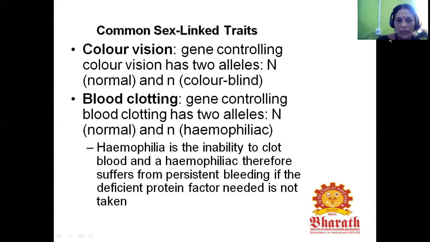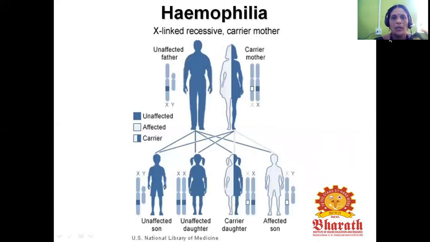Hemophilia is the inability to clot blood, and hemophiliacs therefore suffer from persistent bleeding if the deficient protein factor needed is not taken. This is hemophilia, an X-linked recessive trait: an unaffected father crossed with a carrier mother gives an unaffected son, an unaffected daughter, a carrier daughter, or an affected son.